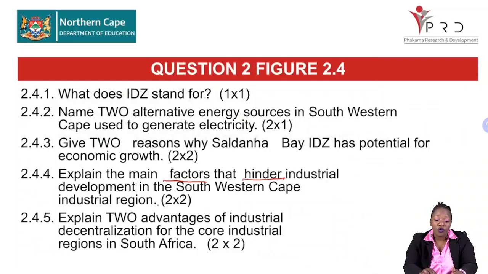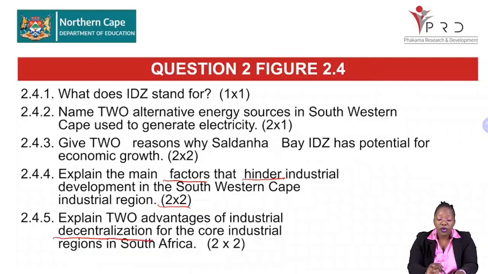You need to give 2 looking at the mark allocation. And then the 5th one, you explain 2 advantages of industrial decentralization. So again, you need to understand this concept. What is decentralization? For the core industrial region in South Africa, it's another 2 times 2.